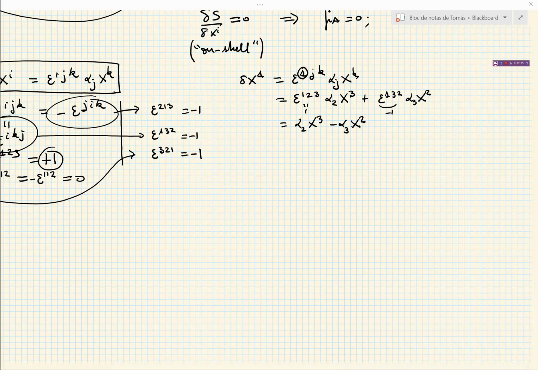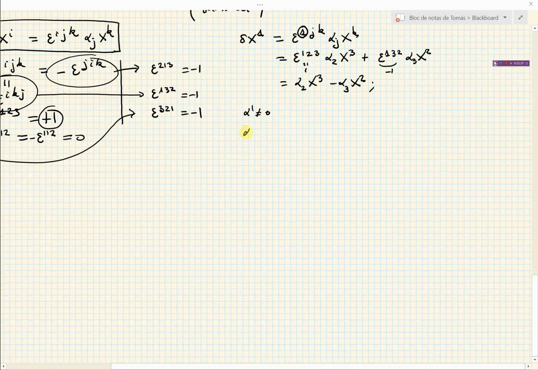This is still confusing. What is the meaning of these transformations? But let's take only one of the parameters different from 0. Suppose that alpha 1 is different from 0, but alpha 2 and alpha 3 are 0, and I want to find what this transformation of the xi's is.